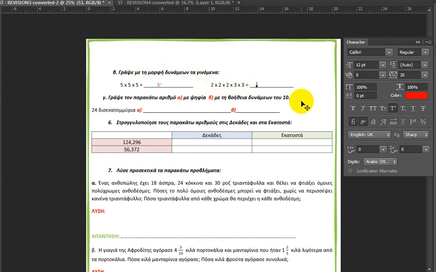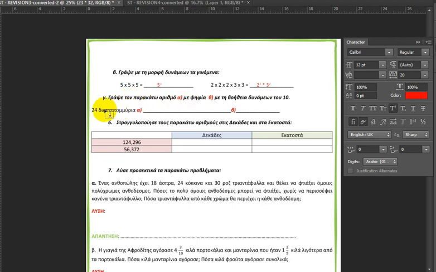Here we have 2 to the 3rd times 3 squared. I could have said this 2 cubed, but it's the same.